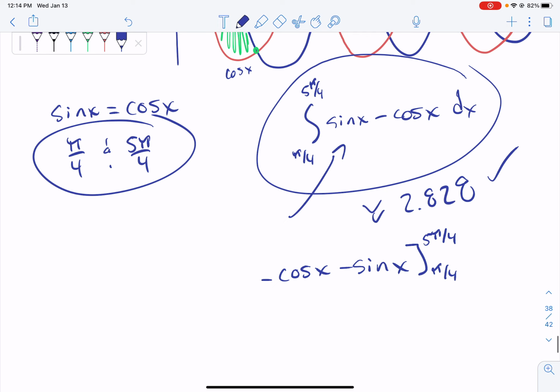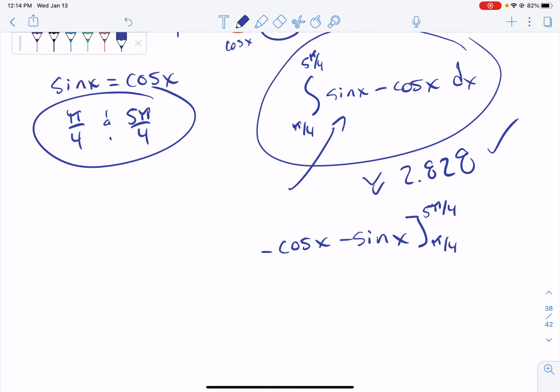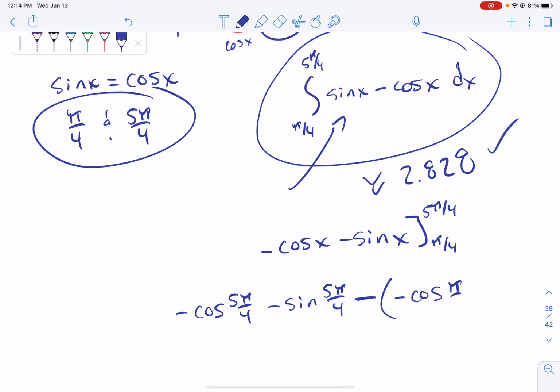Now, if this is the free response, I don't have to do any more than write down my next step, right? I can plug in my value, so I'm going to get negative cosine of 5 pi fourths minus sine of 5 pi fourths minus negative cosine of pi fourths minus sine of pi fourths. And if this is the free response, I stop right there.